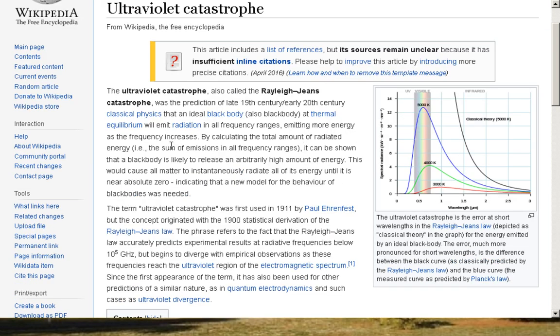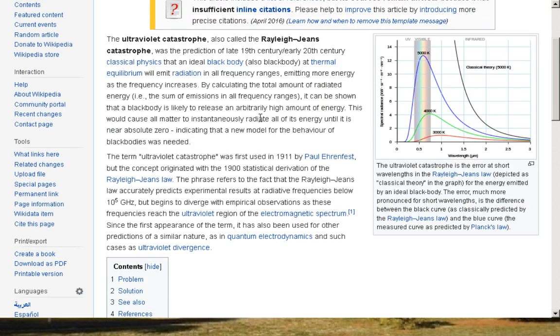Emitting more energy as the frequency increases, but it begins to diverge from empirical observation as these frequencies reach the ultraviolet region.